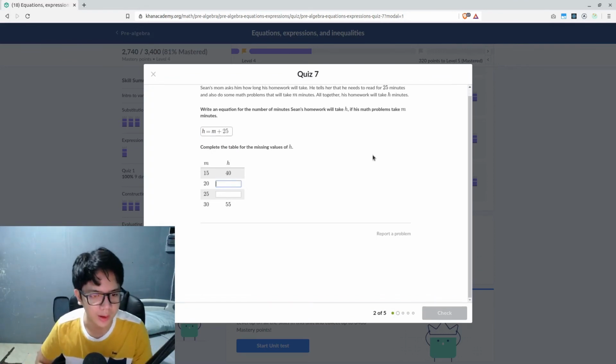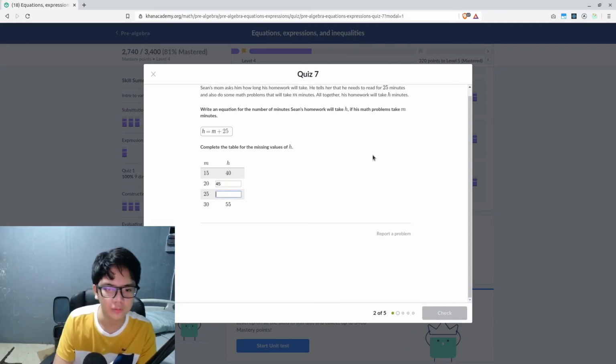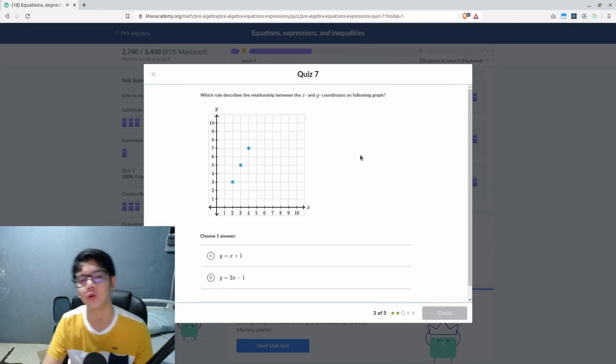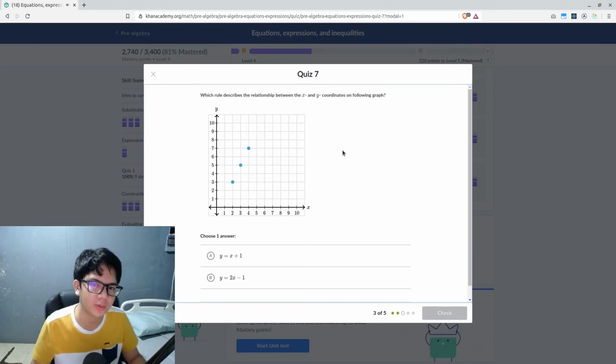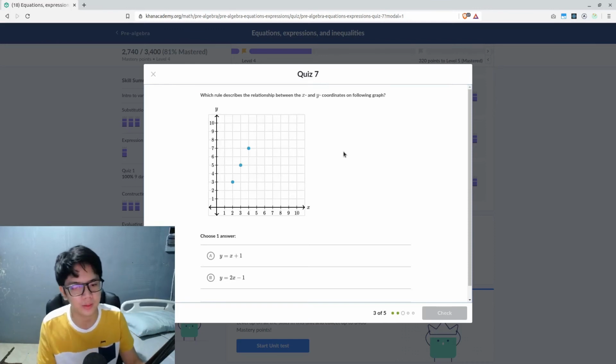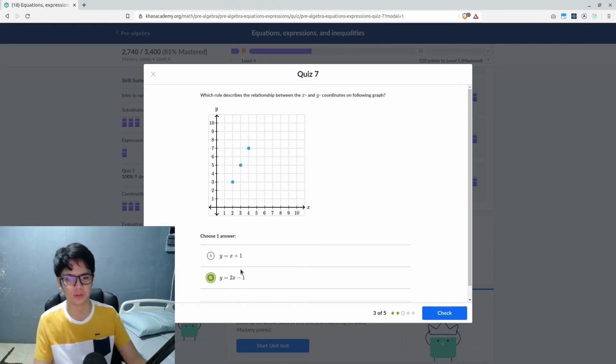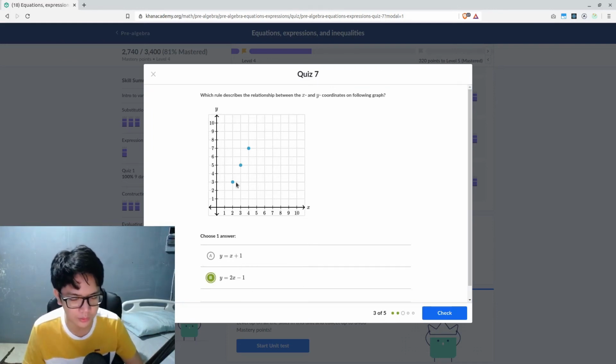Okay, plus 25, 45, 50, 55. Cool. Which rule describes the relationship between x and y coordinates on the following path? Oh no, it's actually this one. 4 minus 1, 6 minus 1 is 5, 8 minus 1 is 7.